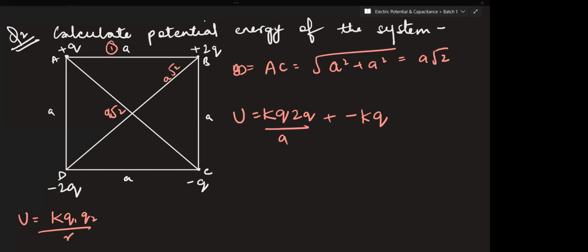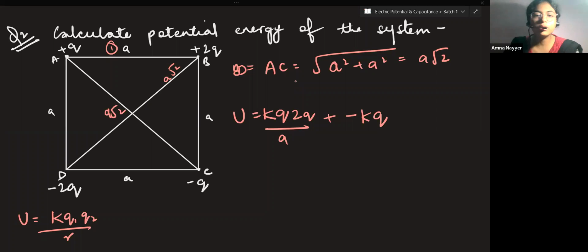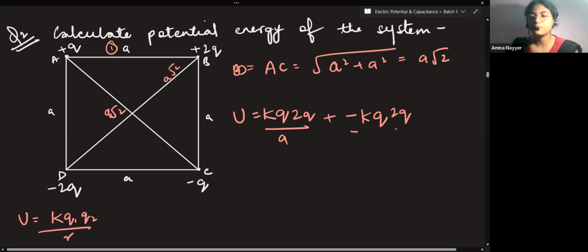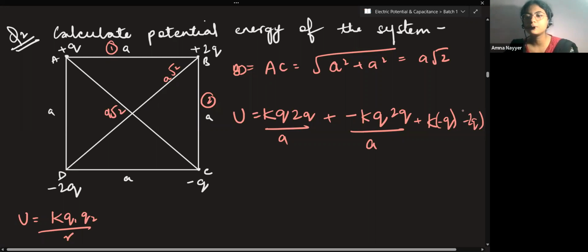Thank you. All right. So we were calculating UBC, the potential energy for B and C. One charge is minus Q, other charge is 2Q, divided by the separation between them, a. So the second energy has been considered. Third energy between C and D. This is K, minus Q, other charge minus 2Q.